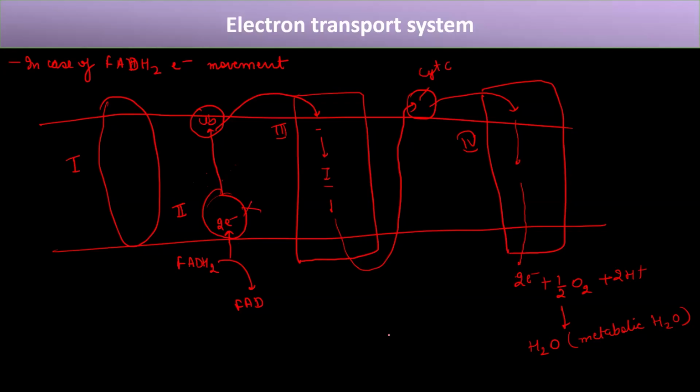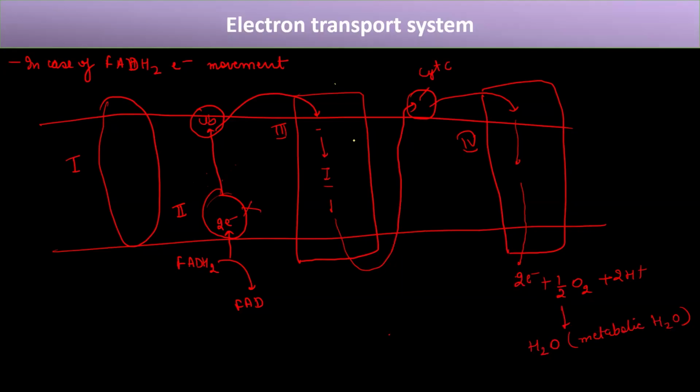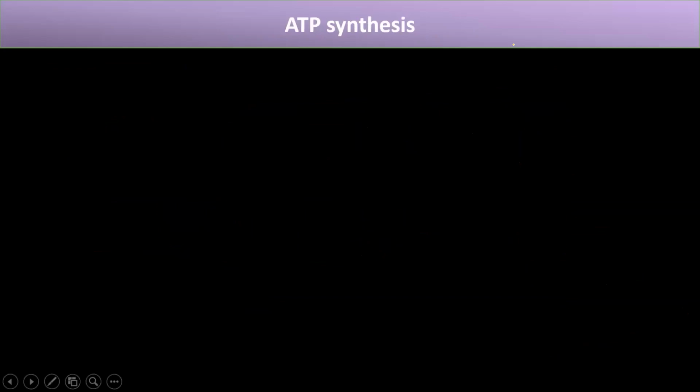Okay. So here the hydrogen ion transport takes place where? It takes place in only two complexes. And these complexes are what? This is one complex where the hydrogen ion movement takes place, and this is the another complex. Okay.